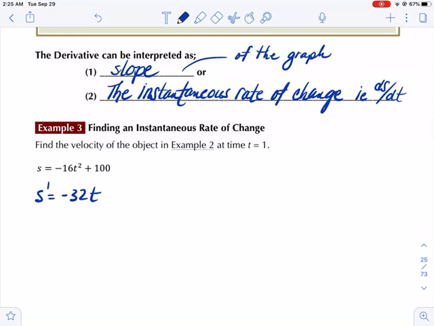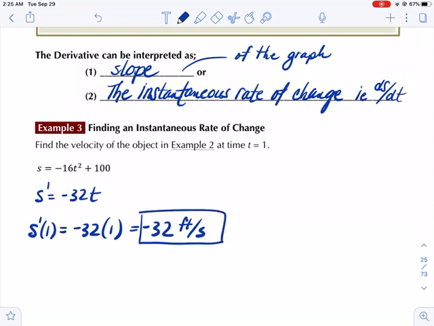And I'm going to use functional notation with that. I'm going to say s prime of 1 is then equal to negative 32 times 1, which is equal to negative 32. And we would just give our answer then in the proper units, which would be feet per second, negative 32 feet per second.